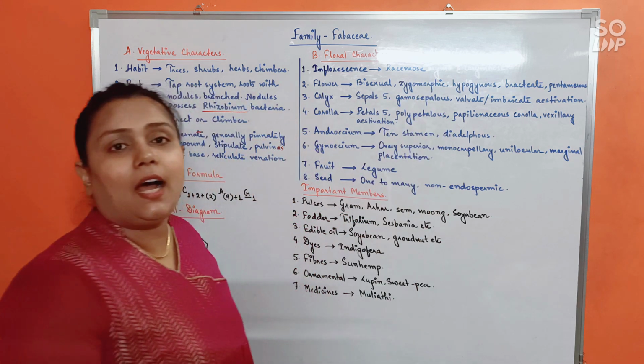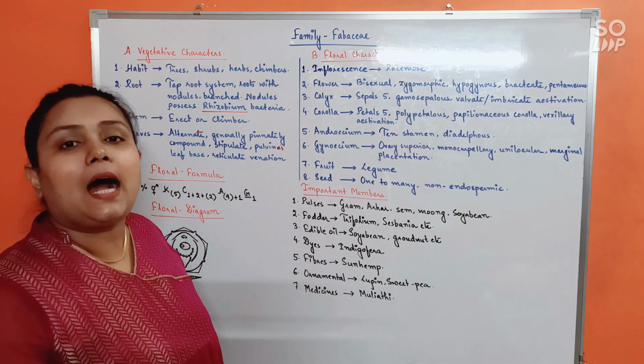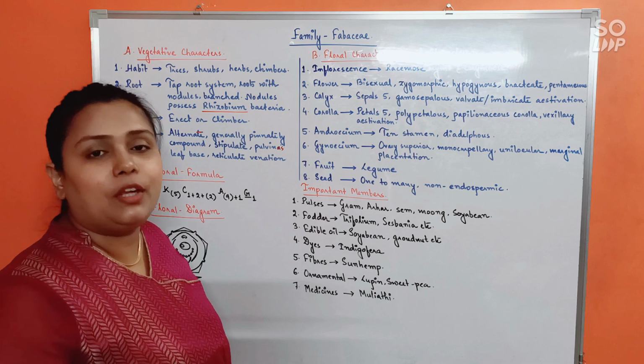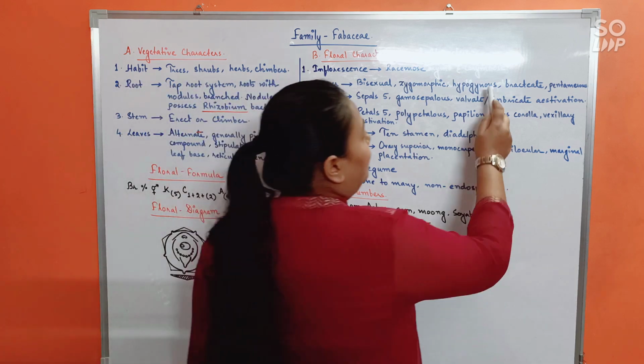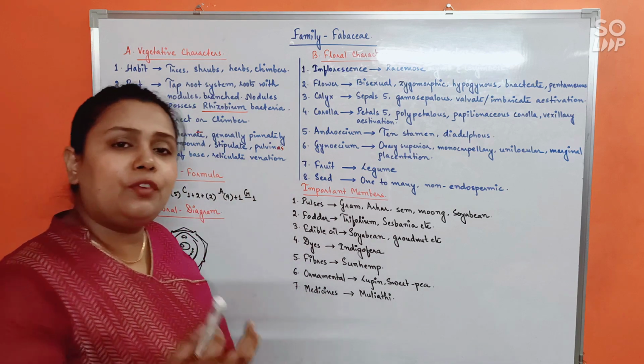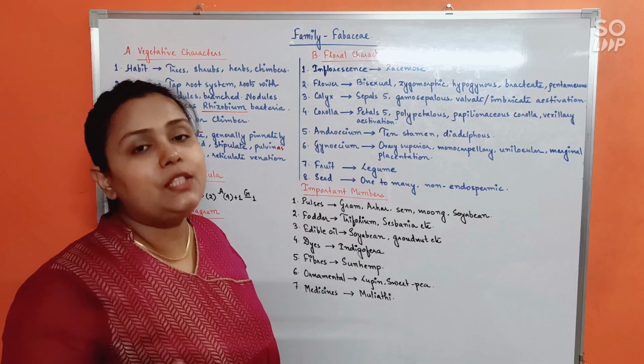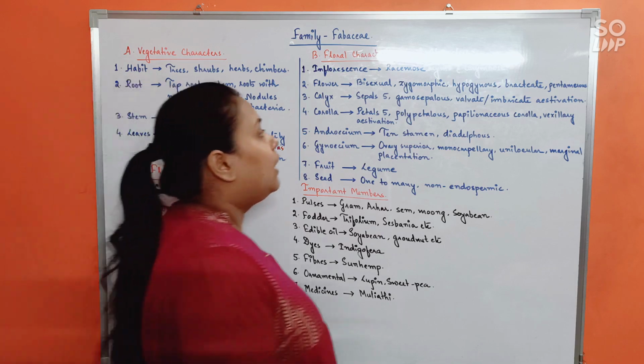Zygomorphic, that means the flower can be divided into two equal halves from only one plane. It's an isobilateral flower that we are talking about. Hypogynous means ovary superior, isn't it? Ovary will be at the topmost position and the rest of the floral parts would remain below it.